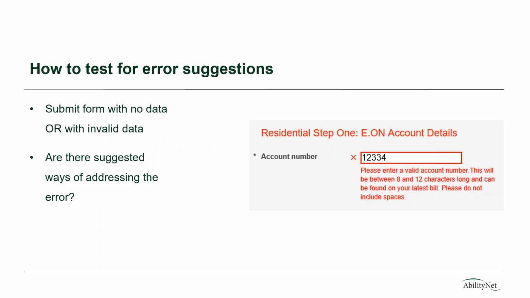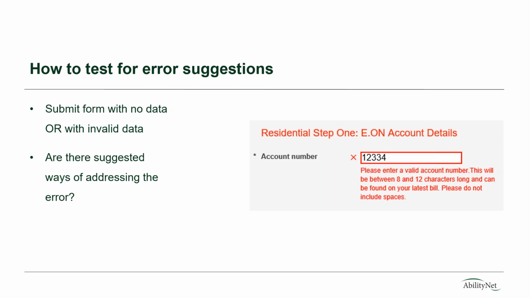So how do you test for error suggestions? In the same way that we identify and check for form error identification, submitting a form with either no data or with invalid data, or preferably both, one after the other, to check how the form responds in both cases. Once you've submitted the form with no data or with invalid data, check: are any errors suggested?